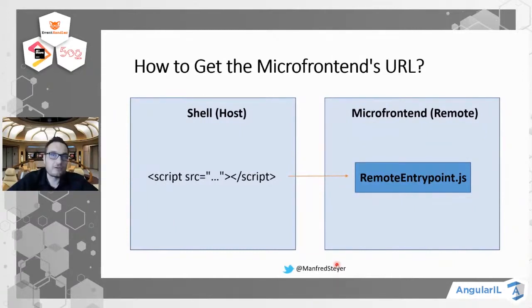Of course, you can also use a dynamic script tag. You can also reference the remote entry point with an API when starting the application. This is just one option, the script tag. By loading the script tag, the remote entry point tells the host where to find MFE1 and where to find all the other micro frontends.